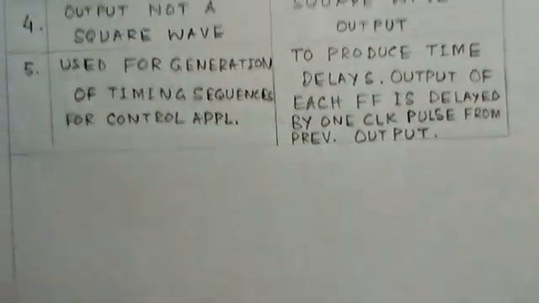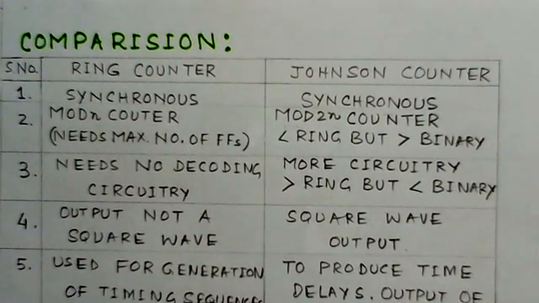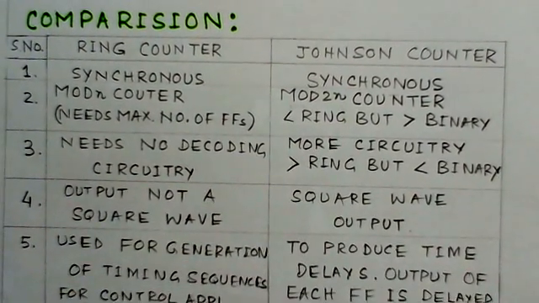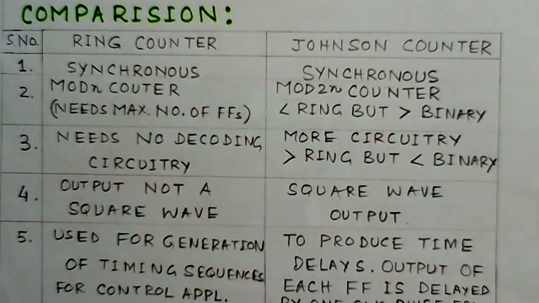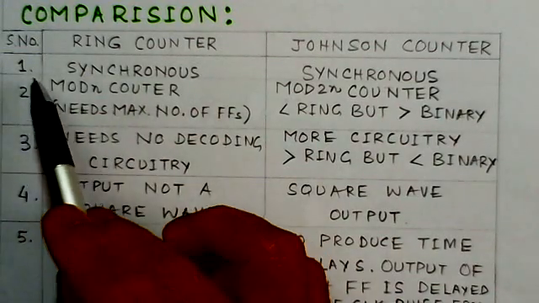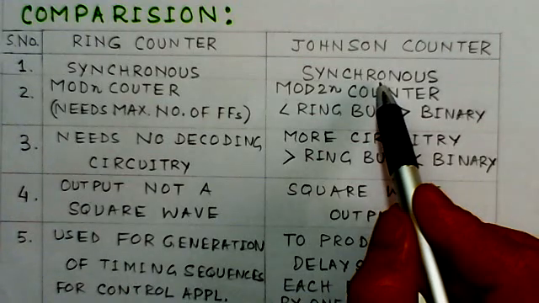Now the last part here, we have given a table to compare the ring counter and the Johnson counter. Number 1 is that both the ring counter and the Johnson counter are synchronous counters.